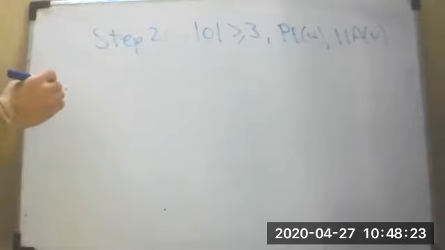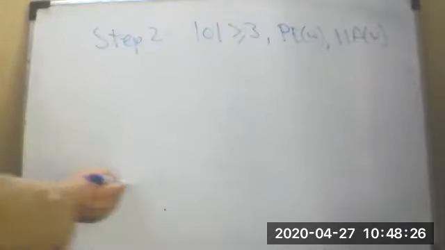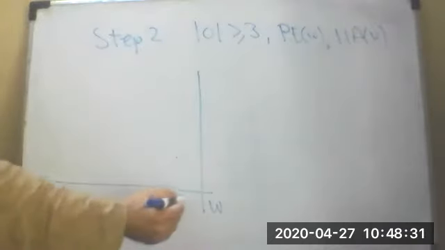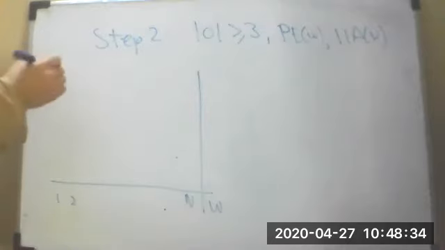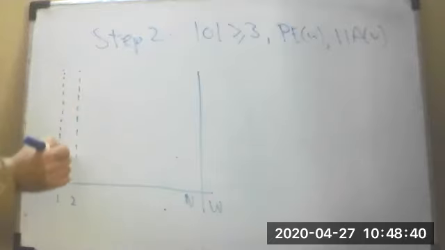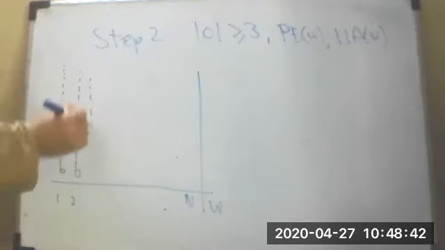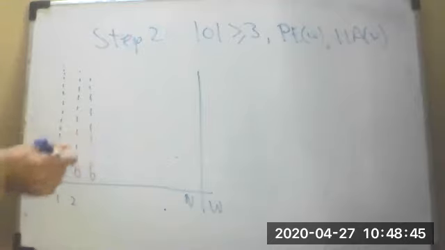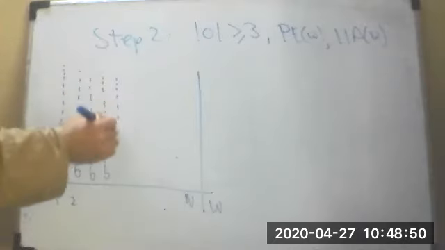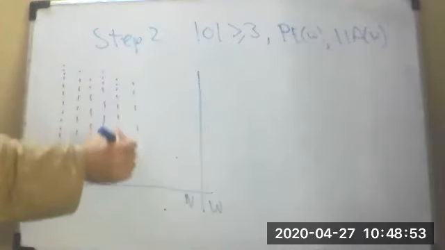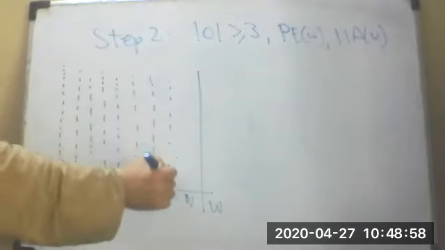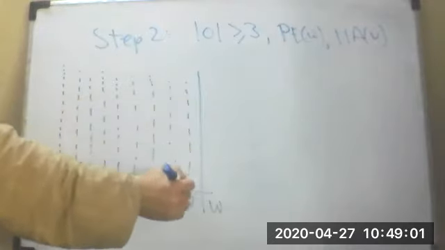Let's suppose we have a preference profile of agents 1, 2, all the way to n, and all of these agents put some arbitrary outcome or candidate B at the very bottom. Even agent n.